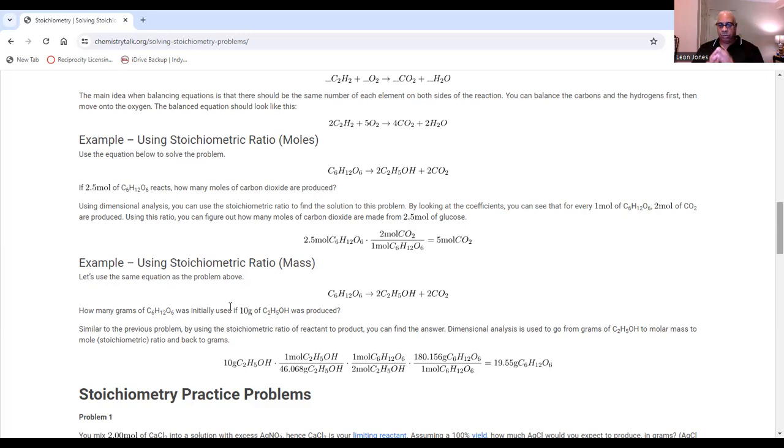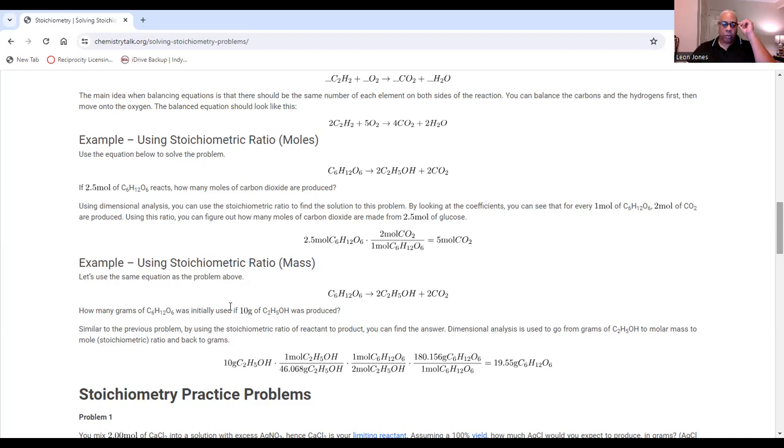Now, basically, when it comes to the moles, you're always going to look at the coefficients of your reactants and your product. Now, when it comes to your mass, now we're in SI units, which is metric, we're going to use grams.